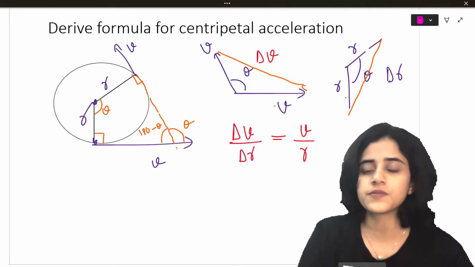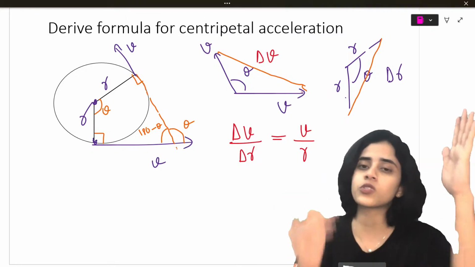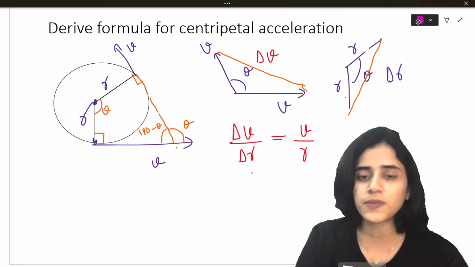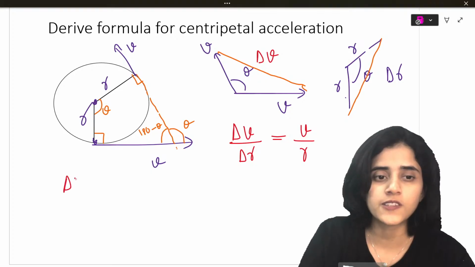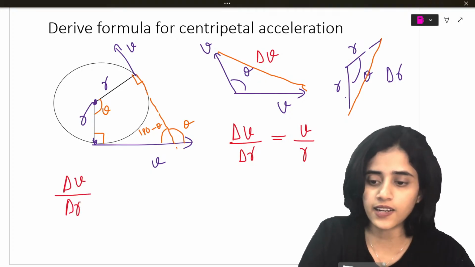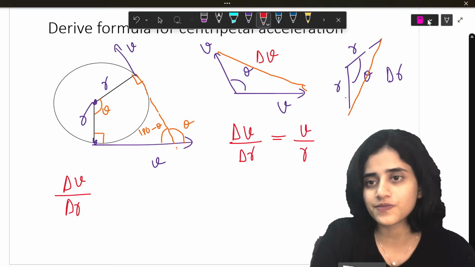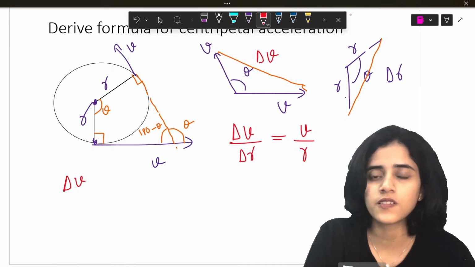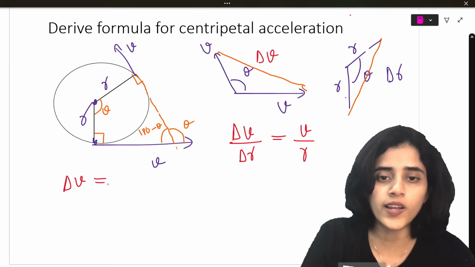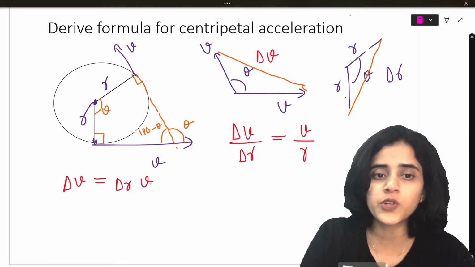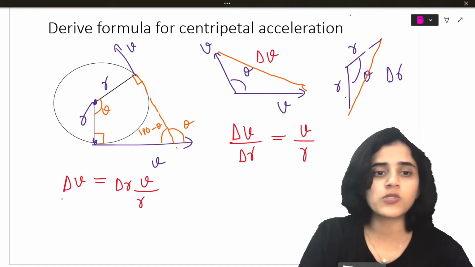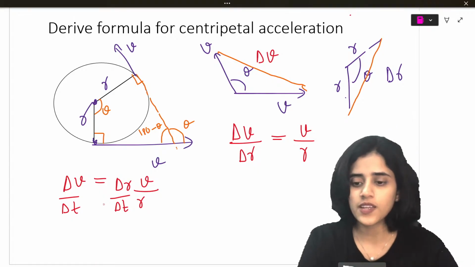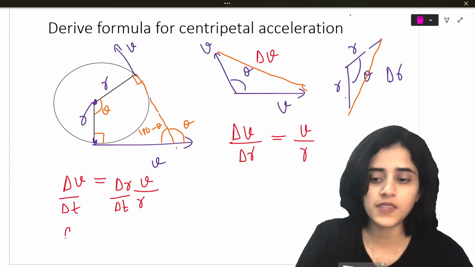So from the two triangles, I took the two sides and I just equated the two sides. So now what I will do is I will just multiply delta T. So delta V is equal to delta R into V by R. So on both the sides, I divide by delta T. So what is change in velocity by time?